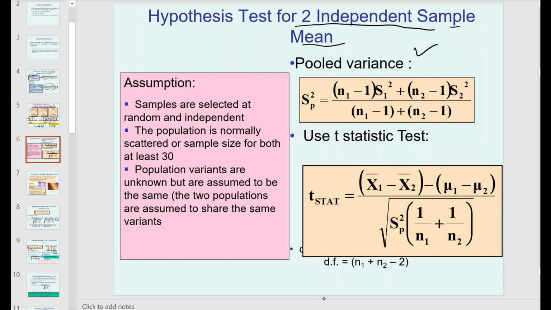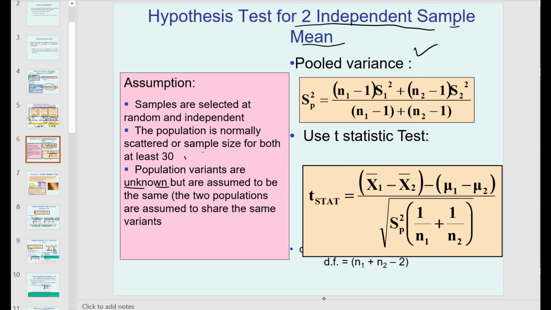Whether the value is the same or not the same. So the assumptions are that samples are selected at random and independent, and the population is normally distributed or the sample size for both is at least 30. Of course, this applies for both cases. Population variances are unknown. Both are unknown actually under pooled or T statistic, but we assume either it is the same or not the same.